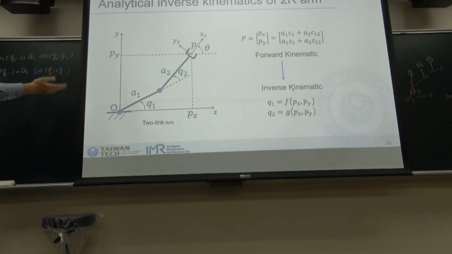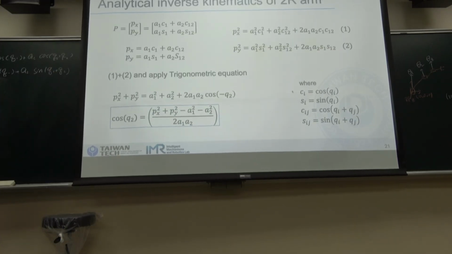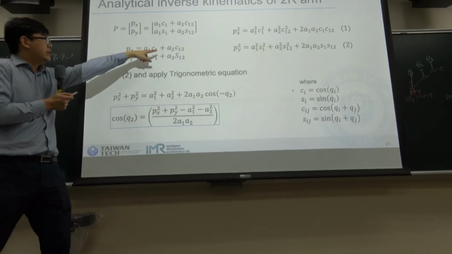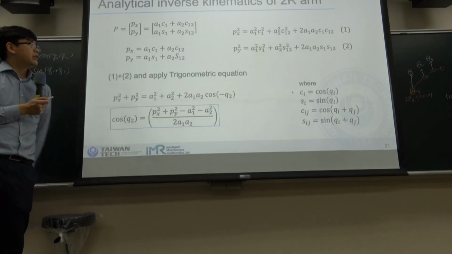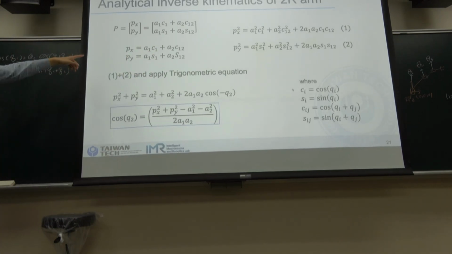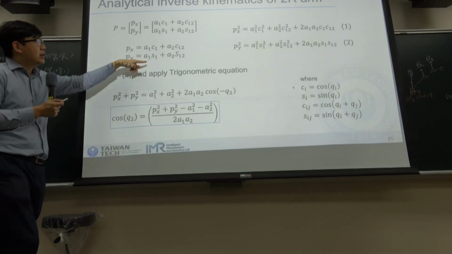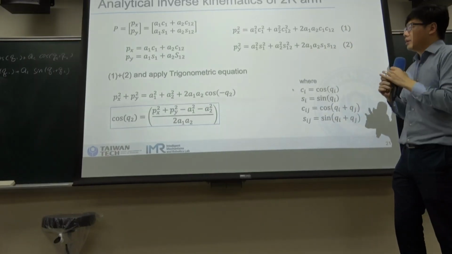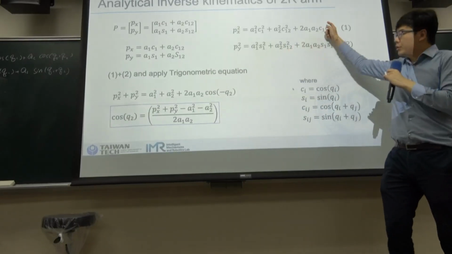So how can we derive q1 and q2? If we see the equation here, this C12 means cosine of Q1 plus Q2, and C1 means cosine Q1. We can square Px and Py, and we get these two equations. Then we sum these two equations up.